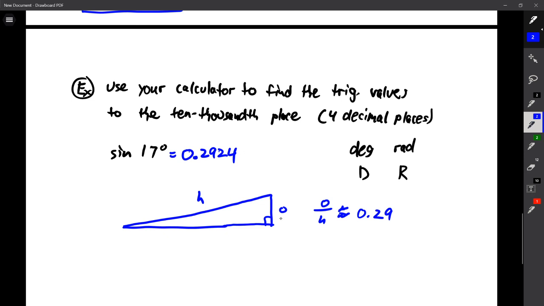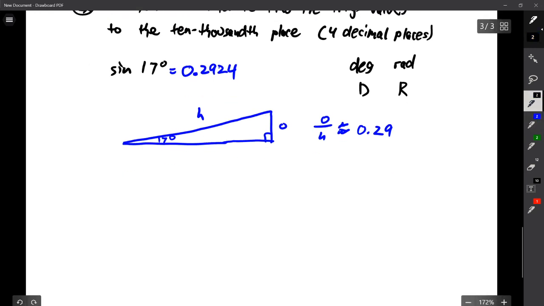So the opposite here is a little less than 1/3 the length of the hypotenuse if this is a 17-degree angle. We don't know anything about the size of this triangle as far as the lengths of the sides. All we know is that the ratio of the opposite to hypotenuse is just under 0.3, because this is a 17-degree angle right there. Again, just a little reinforcement of the concept of what's going on.